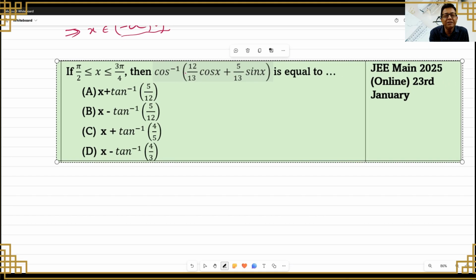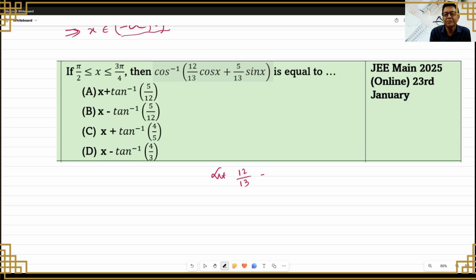You just take this 12 by 13 as cos alpha. So what will be 5 by 13? Root over 1 minus cos square alpha is 5 by 13. So this can be taken as sin alpha. Isn't it?